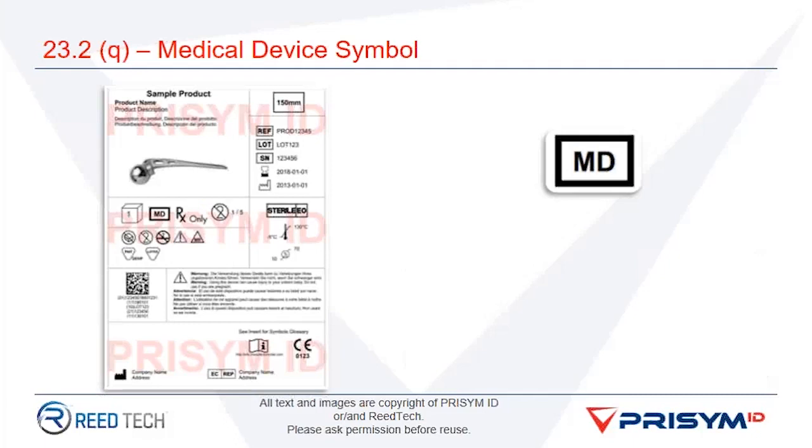A harmonized standard for this symbol has not currently been ratified, and indication is that it will probably be similar to the existing IVD symbol, which is what we've mocked up on the screen here. And also within this section, if you're for trial devices, the exclusively for clinical investigation words, again, are required on your label and will require translation.